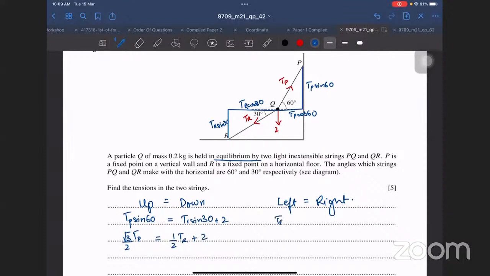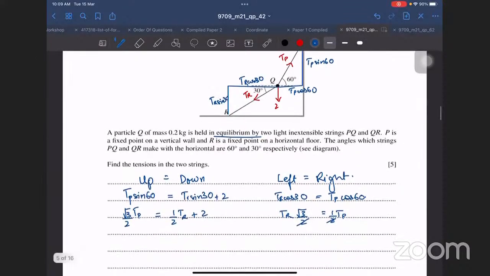Left is TR cos 30 and right is TP cos 60. So I get root 3 over 2 TR equals half TP. These are the calculations for the angles. So TP is basically root 3 TR.